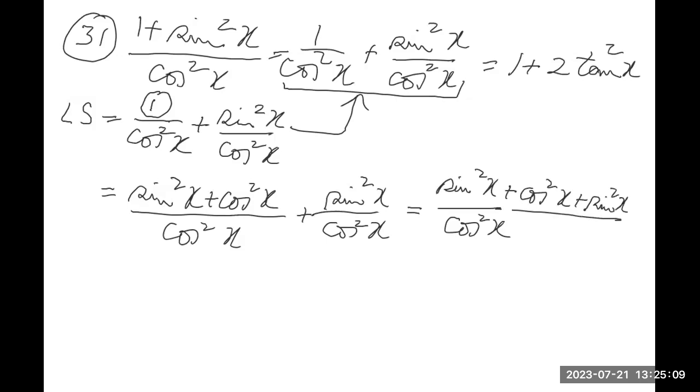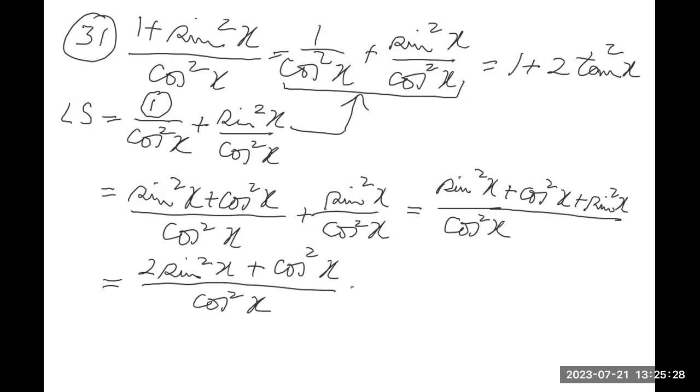And now in the numerator, I can combine the two sine square x's. Plus cosine square x over cosine square x.